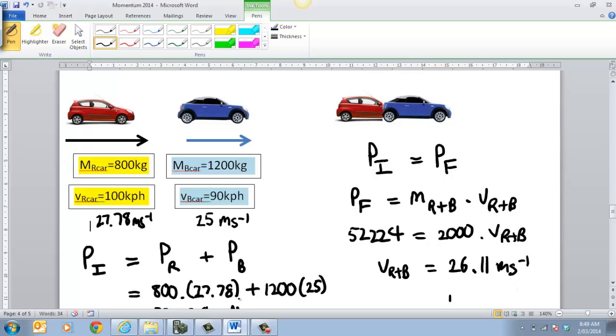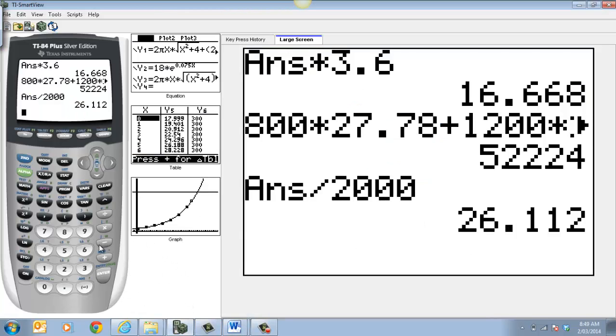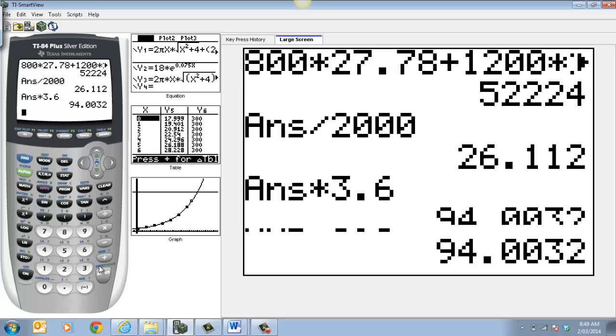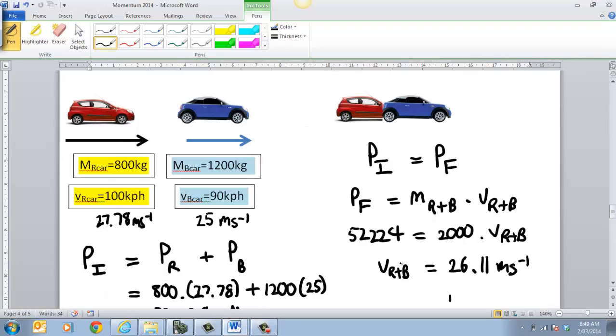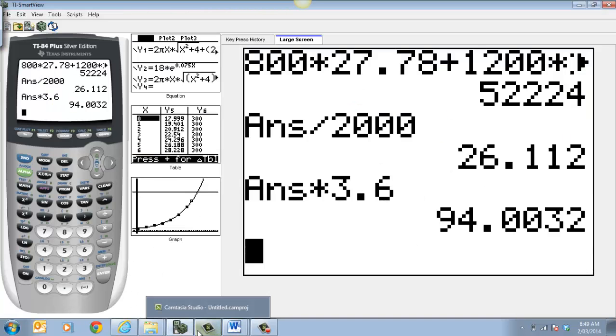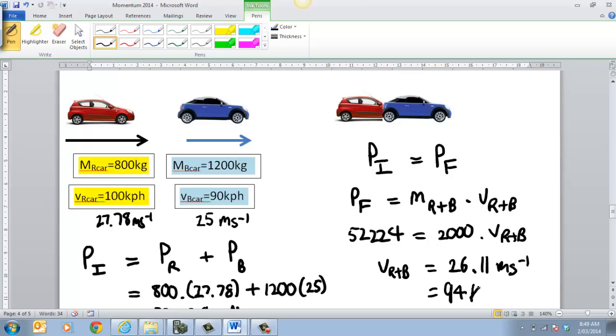If I want to times that by 3.6, it equals 94 kilometres per hour. So if you were involved in that collision, it'd be quite a fast collision, wouldn't it? That would represent a rear end collision. I can't quite remember the last bit. It's straight on 94 kilometres per hour.